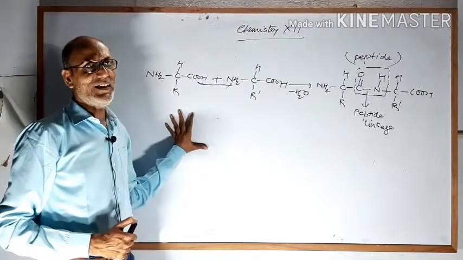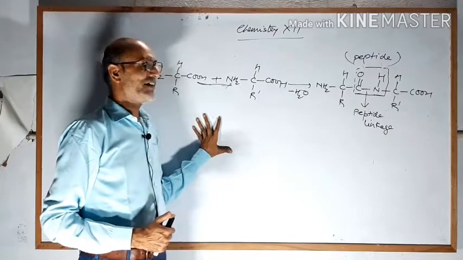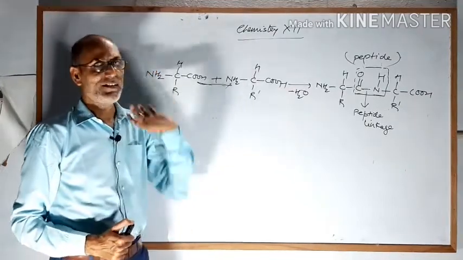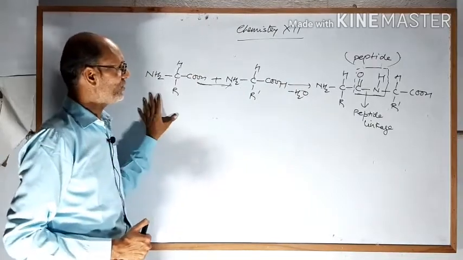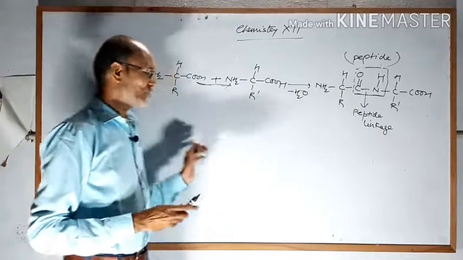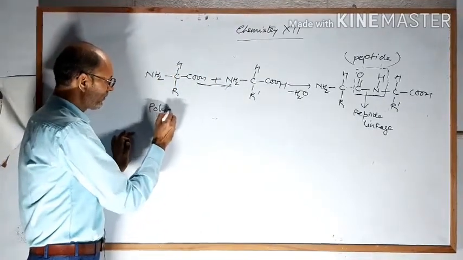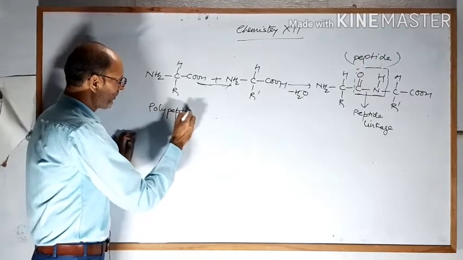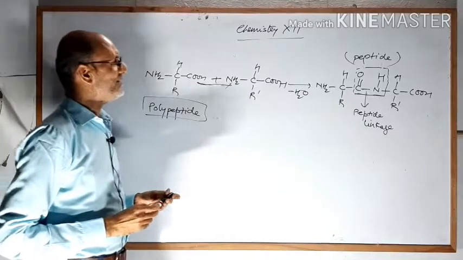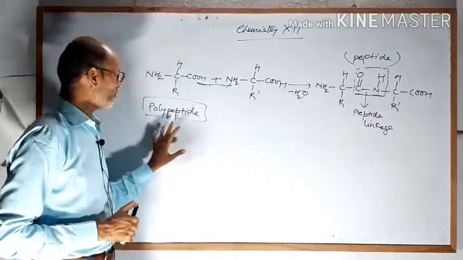And if you are taking a large number of amino acids connected through peptide linkage, that means a long chain of amino acids connected by condensation of water molecules, they form a polypeptide chain. Polypeptide means a large number of amino acids, and it is also called protein.